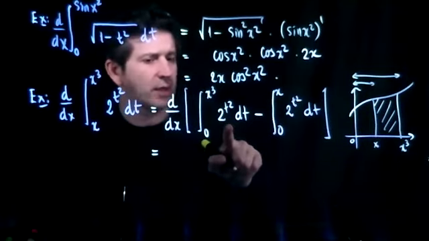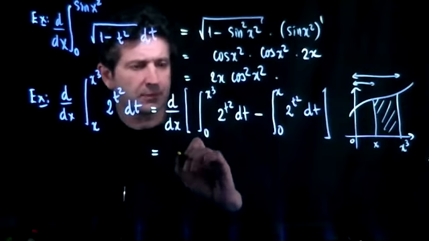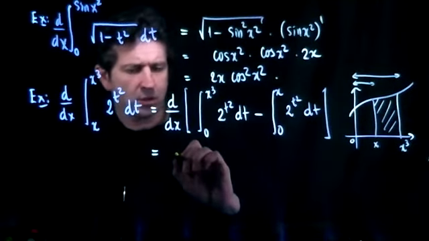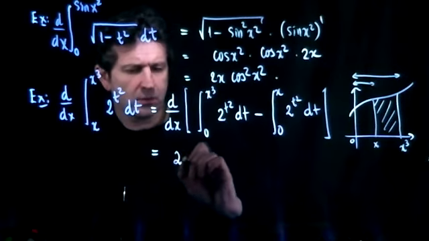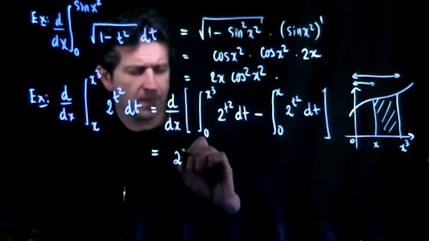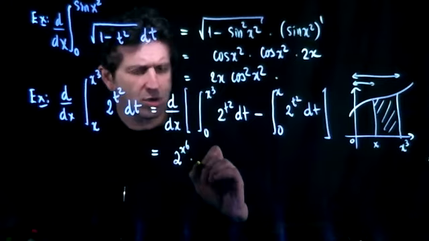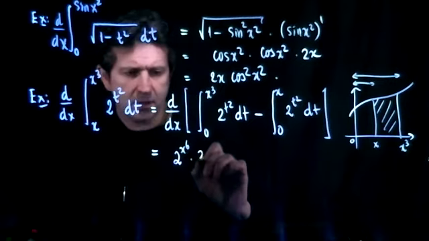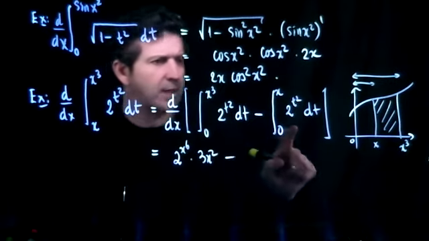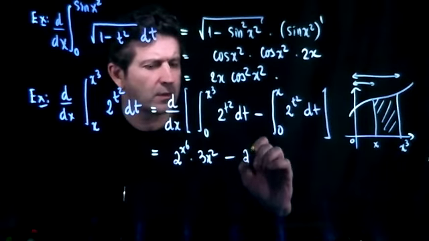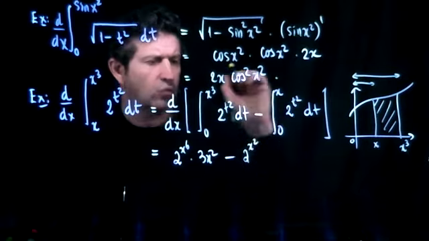So what is this? Can you tell me? You should know how to do this one now. The derivative of this is 2 to the power x to the 6, times 3x squared, minus, and here, what is it? 2 to the power x squared.